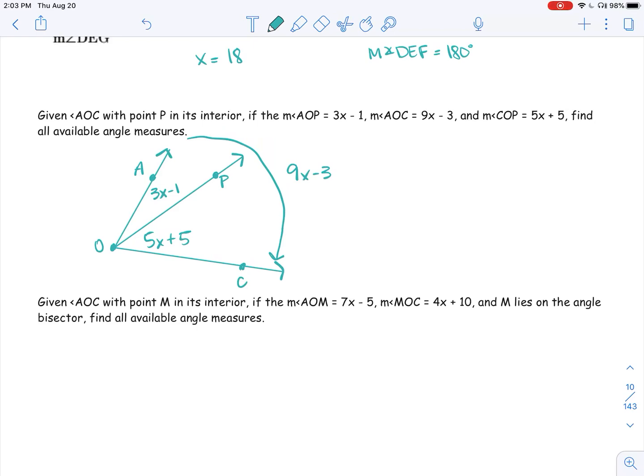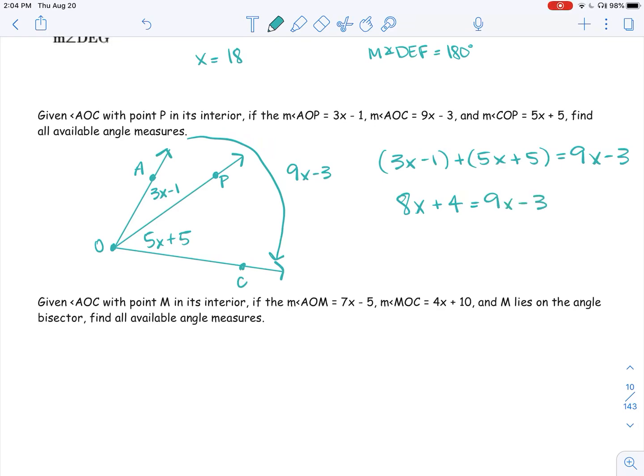So we're going to add the two smaller to be equal to the larger. 3x minus 1 plus 5x plus 5 is going to be equal to 9x minus 3. Combine the left side. 8x plus 4 is equal to 9x minus 3.